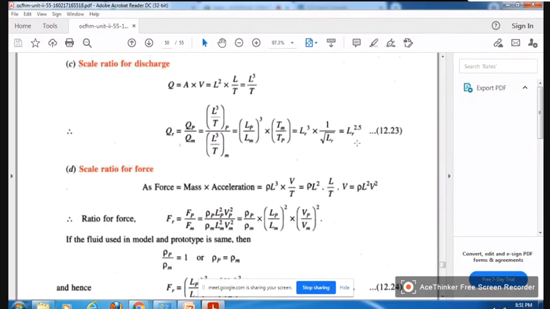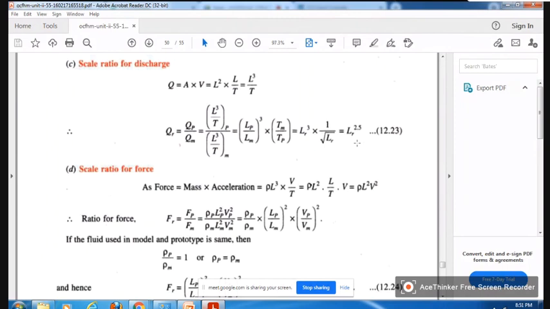Then there are kinematic similarity and dynamic similarity. Based on these we construct the model and conduct simulation experiments on it, and the results are extrapolated to the original structure, the prototype structure. So this is all about models.